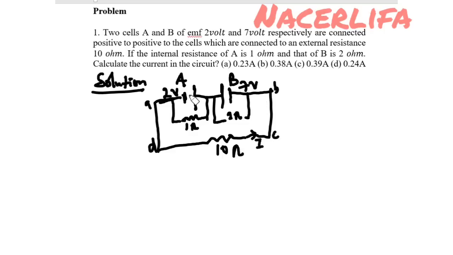And since we have 2 sources of EMF, we shall employ Kirchhoff's law. Of course, Kirchhoff's voltage law, the second law, which says that the sum of the voltages in this circuit should equal 0.